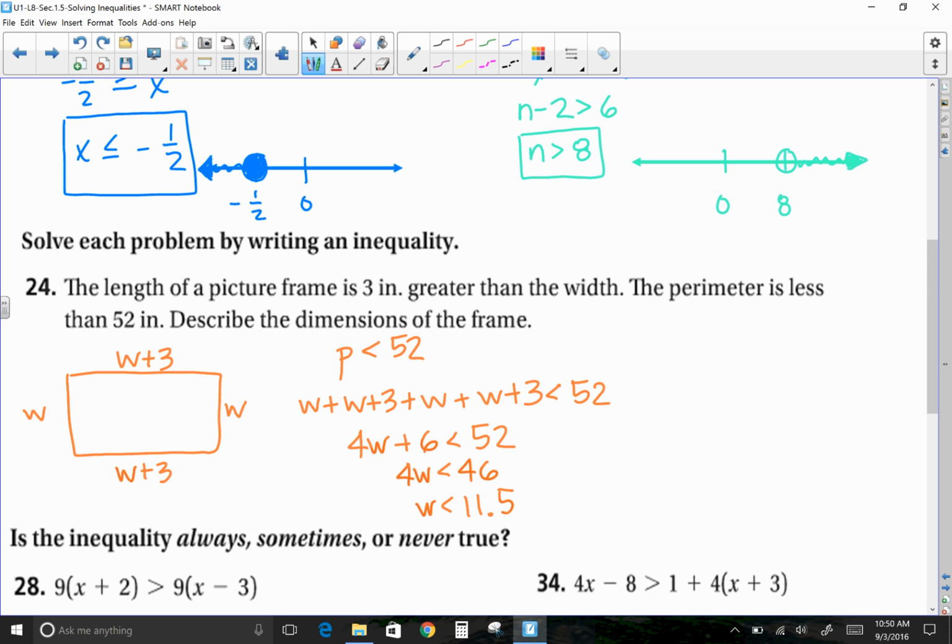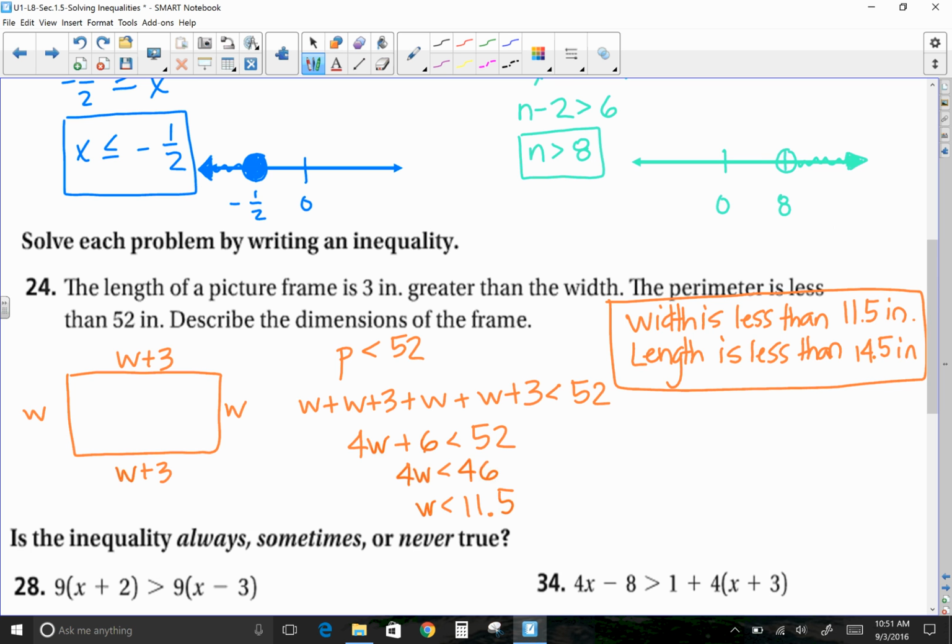So to describe the dimensions, we're going to say the width is less than 11.5 inches, and the length is less than, some people have confusion about this, but remember, if the width is 11.5, then this is 11.5 plus 3. So that's going to give me 14.5 inches. And that's good enough to describe it.